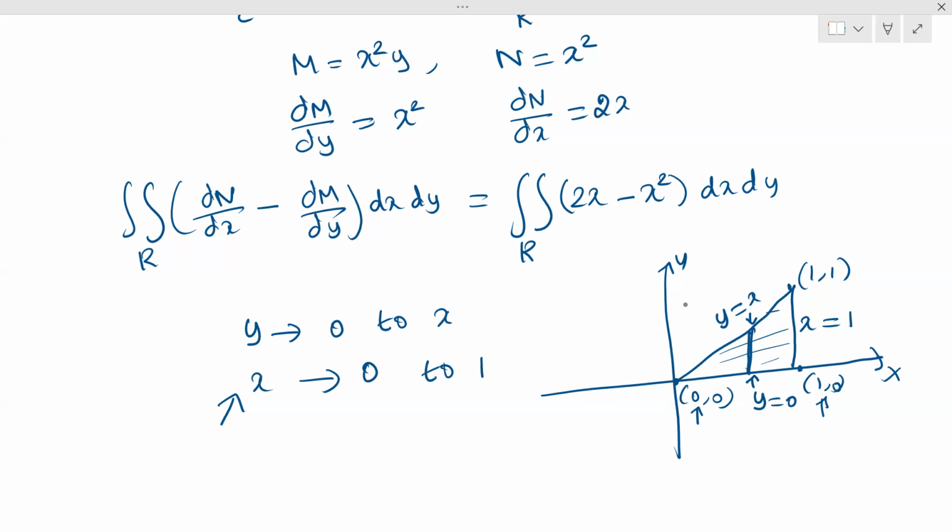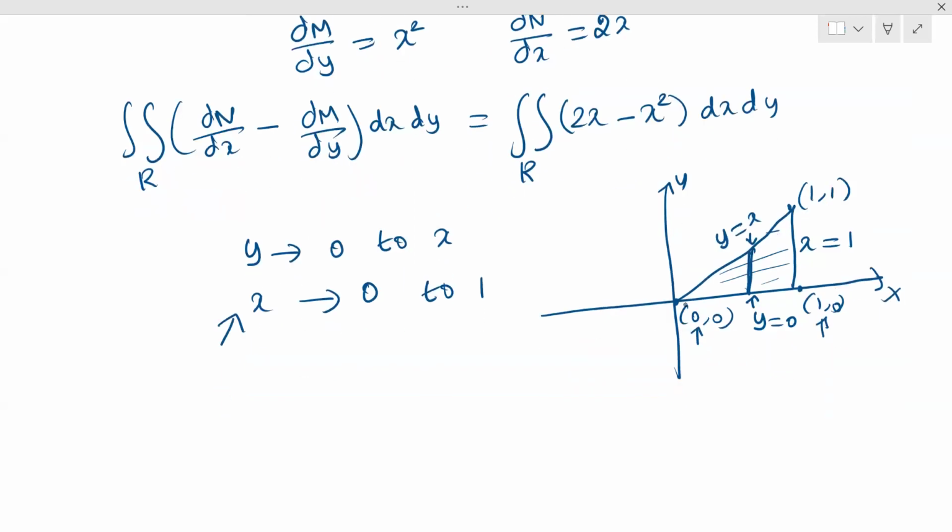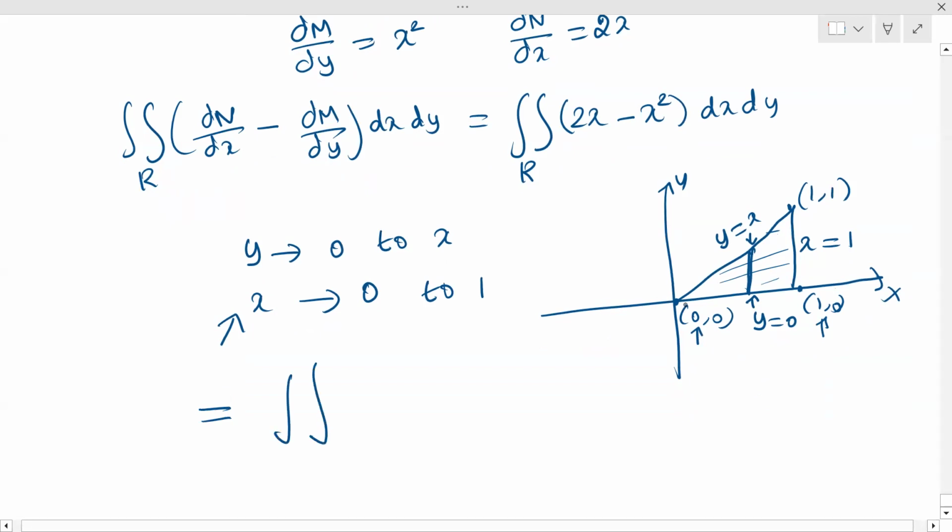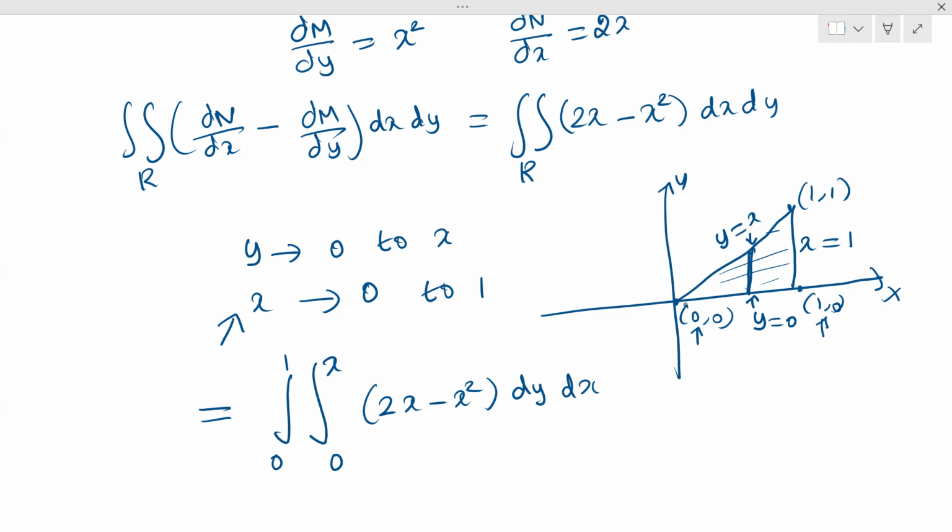Please recall, the inner integration limit only can be a variable. So this integration is x from 0 to 1 and y from 0 to x of 2x minus x square. Here the order is dy dx because we found the y limit first.